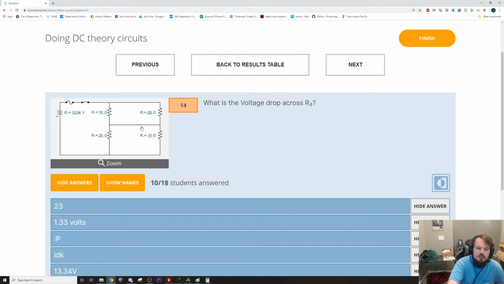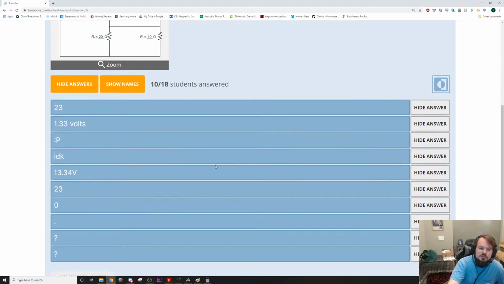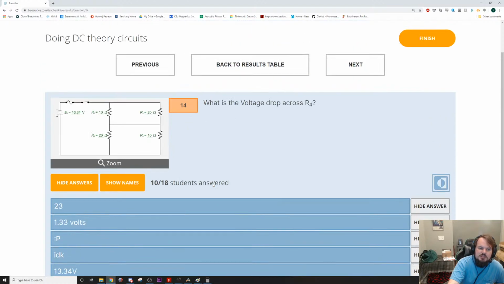Okay, so we've got a parallel circuit. It's actually going to be half, so just looking at it, half of the voltage. So it should be about 6.